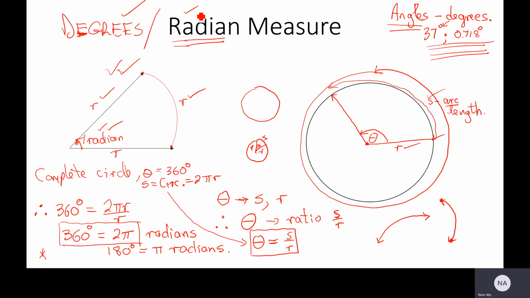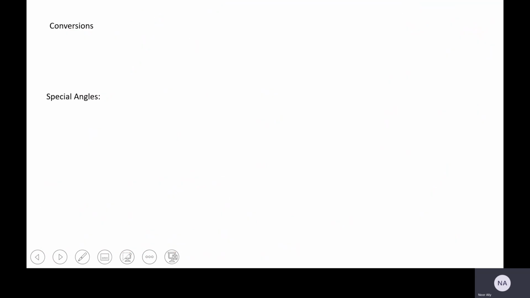Radians, degrees. From now on, whenever you come across trigonometry or angles, you're going to think, hang on, what is this in? Degrees or radians? Right, so how do we go about converting this? Well, the conversion is very straightforward.